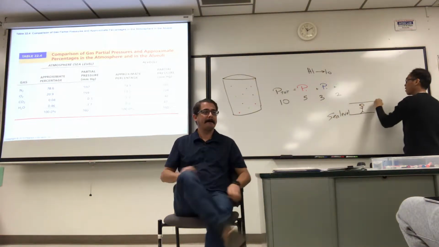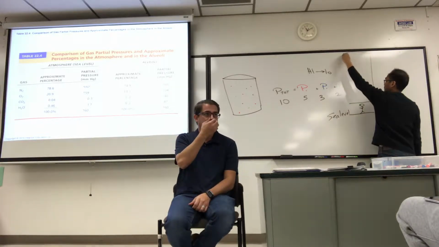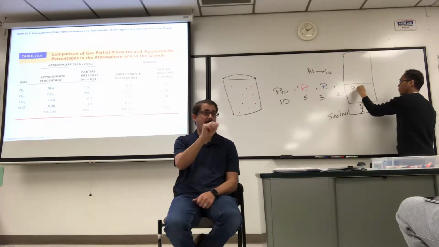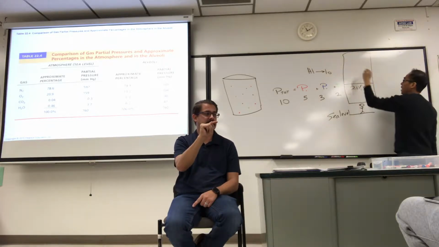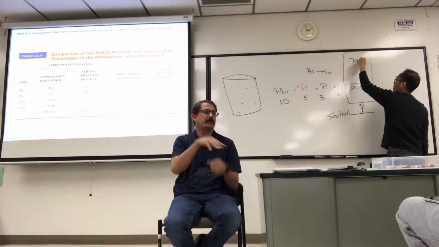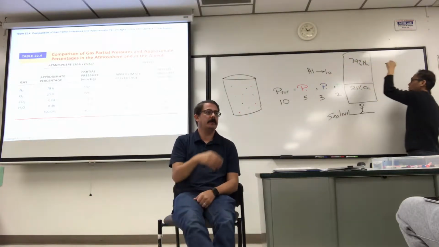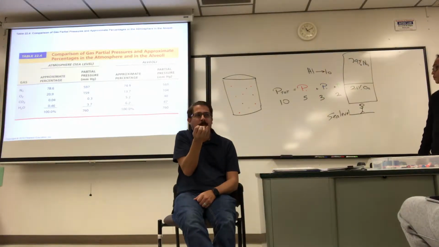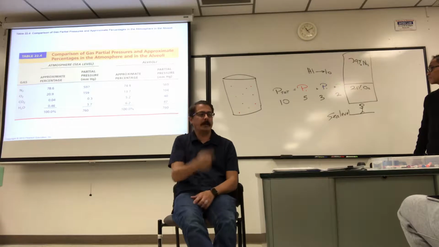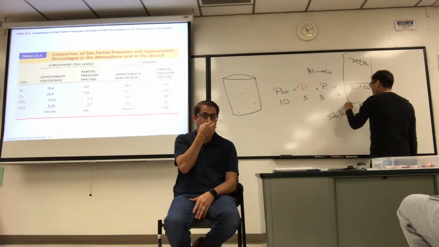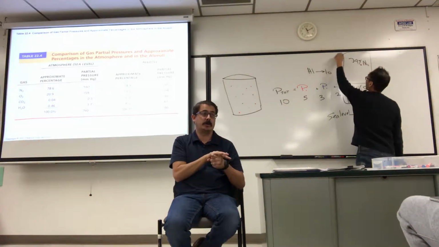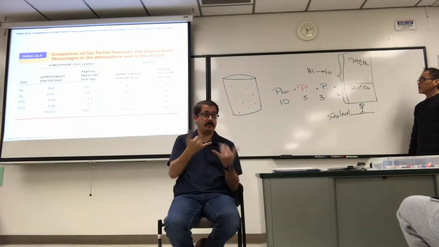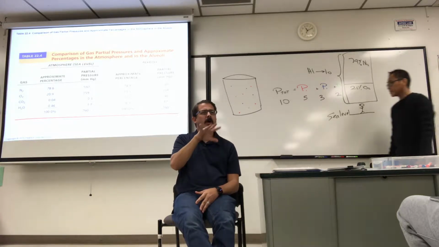You're living under a column of air that's really a gas mix, but it's primarily about 21% O2 and about 79% nitrogen. There's a little bit of water and CO2 that are negligible in the atmospheric air. But the total pressure of the atmospheric air that you live under is about 760.